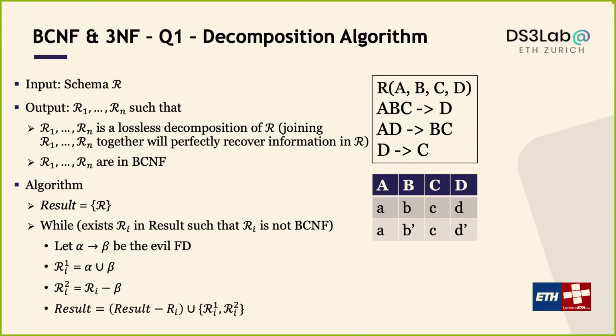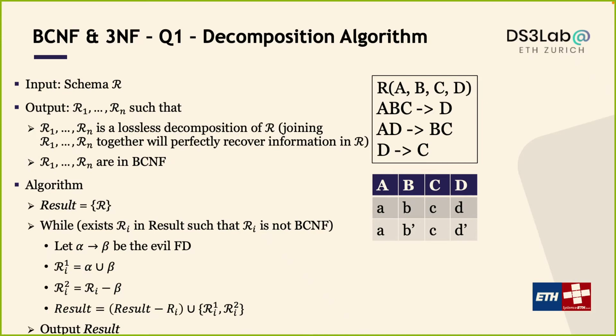Then you put these two relations into your result set. You continue to do this until all the relations in the result set are in BCNF, and then you are done. So it's very simple.